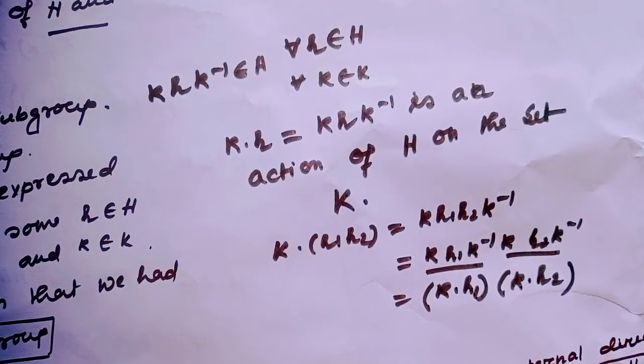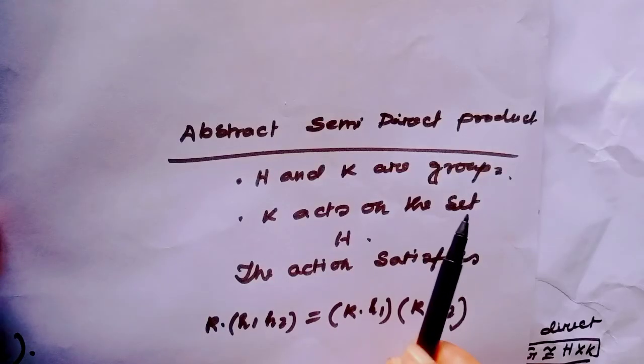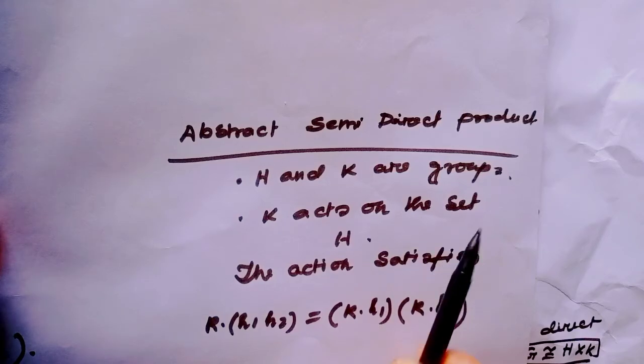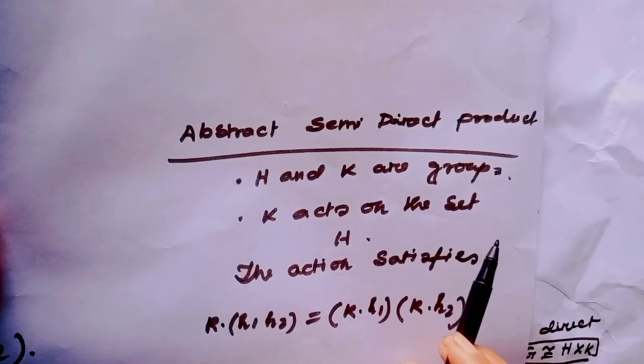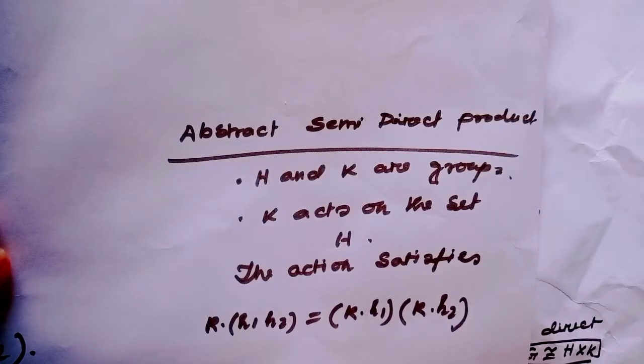Okay? Therefore the abstract semi-direct product is: capital H and capital K are groups and K acts on the set capital H, and the action satisfies the relation k dot h1 h2 equal to k dot h1 times k dot h2.